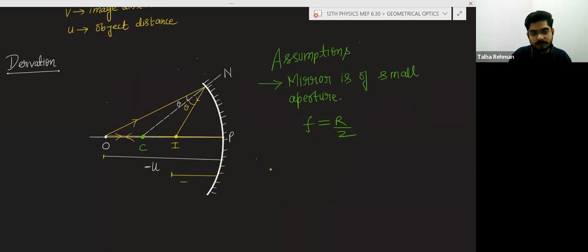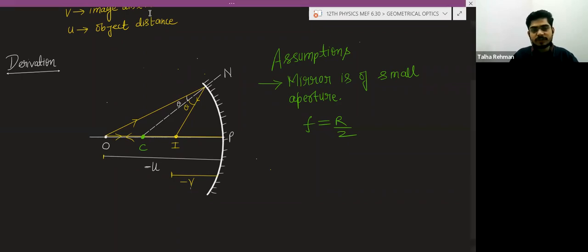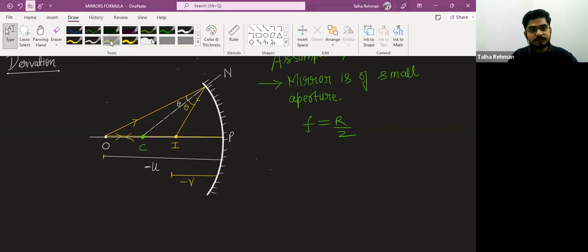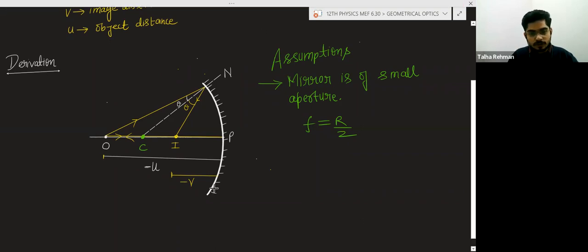So this will also be minus v, because you are measuring the image distance in this direction, opposite to the direction of incident light. Now the distance between the pole and the center of curvature is the radius of curvature. So this distance is minus r. Again you are measuring distance in this direction, that is why this is minus r.